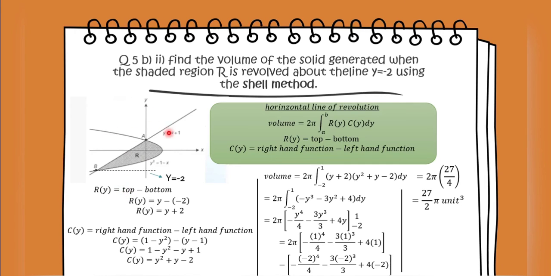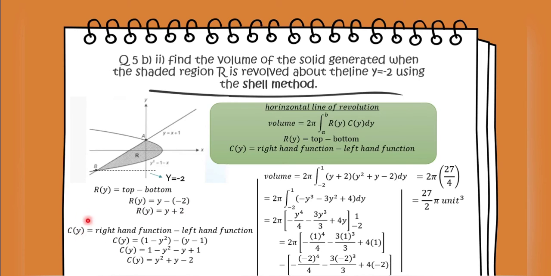Okay, you don't know the equation of the top, so just replace the top with y, and the equation of bottom is y equal to negative 2, which is the line of revolve. So y minus negative 2, and then you will get the equation of r(y), which is y plus 2.